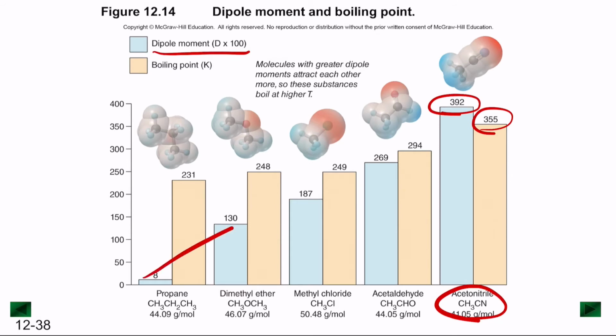So notice the trend here. As the dipole moment increases, there is an increase in the boiling point of the material. Molecules with greater dipole moments attract each other more, so they boil at higher temperatures.